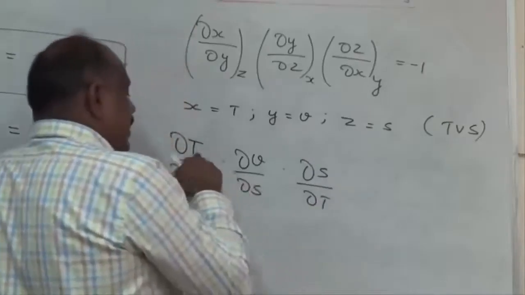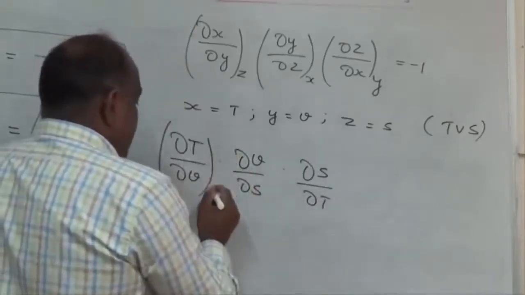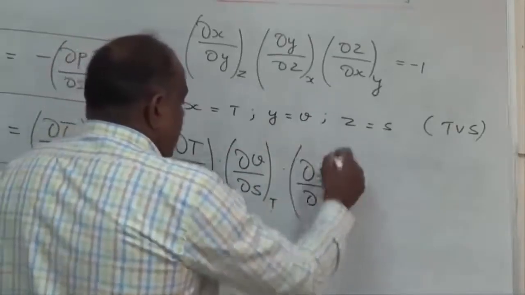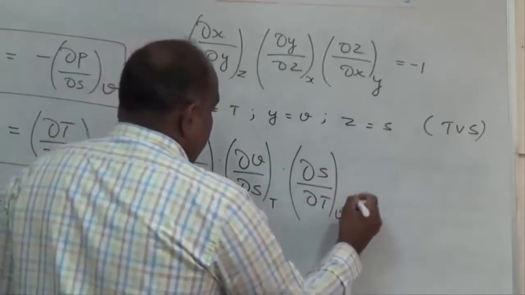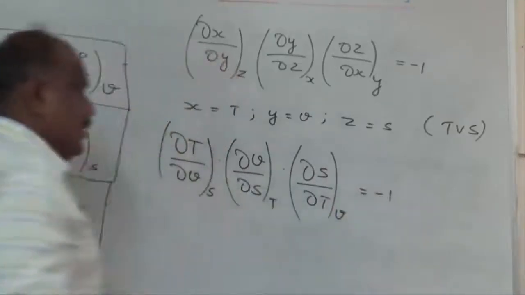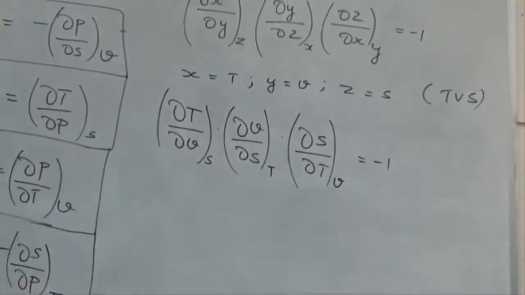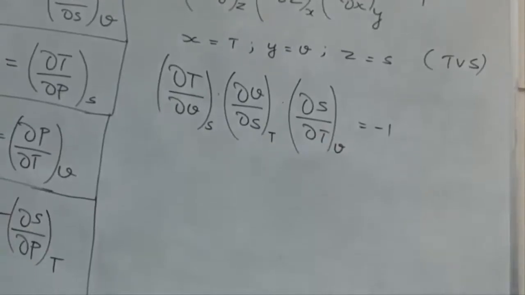It should start at ∂T and end at ∂T. So T and V are there, which means S should come. V and S are there, which means T should come. S and T, which means V should come, equal to minus 1. I am just applying the cyclic relationship by making use of x, y, z as T, V and S.